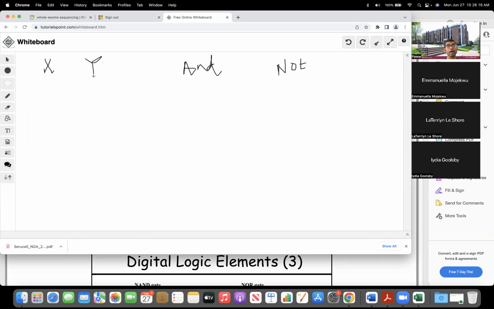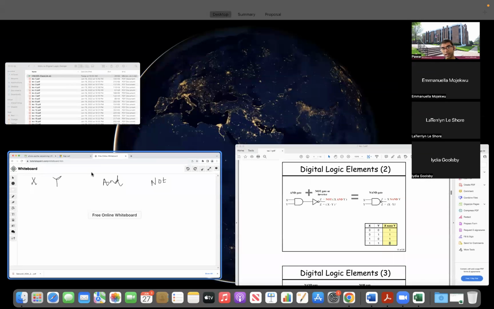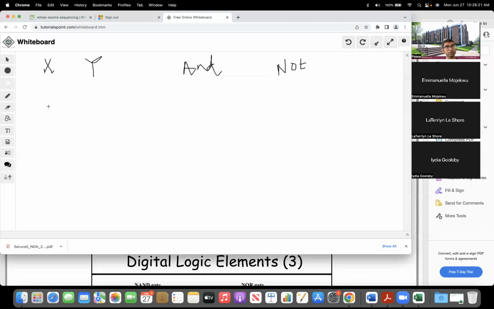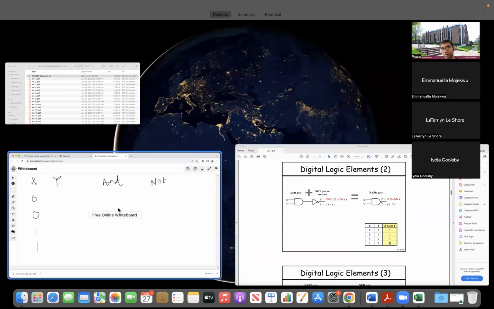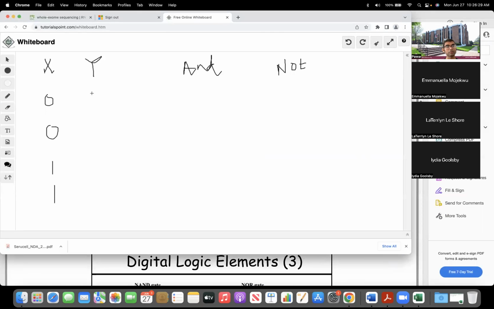You have variable x and variable y, with the values 0, 0, 1, 1 and 0, 1, 0, 1. First you take an AND gate, then you take a NOT gate.